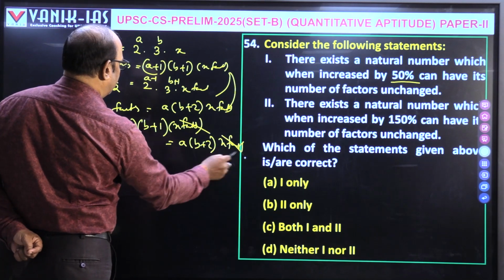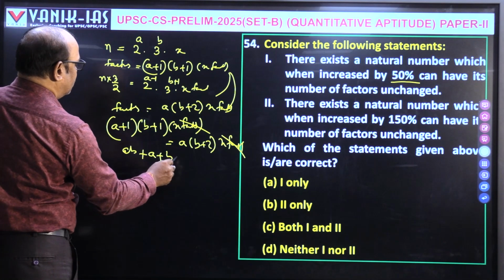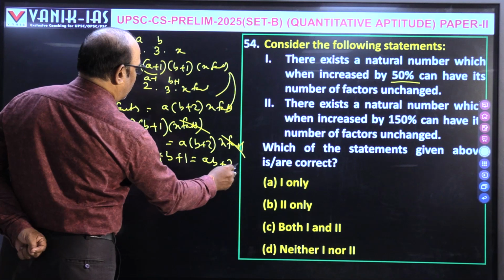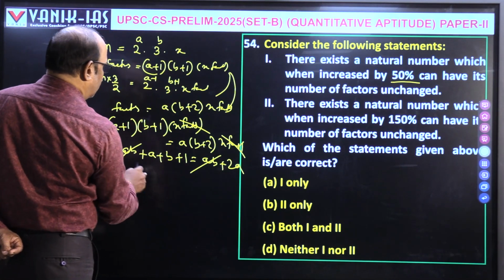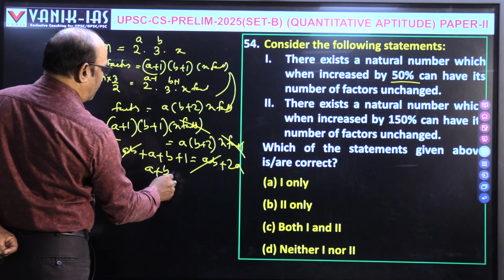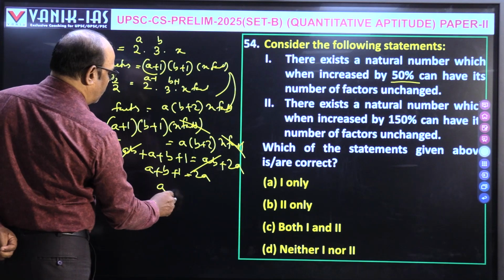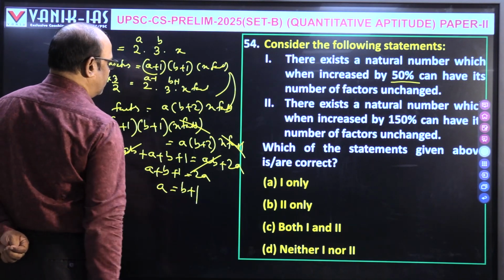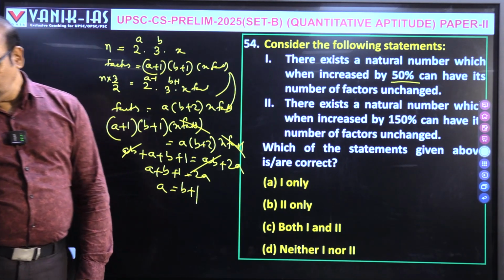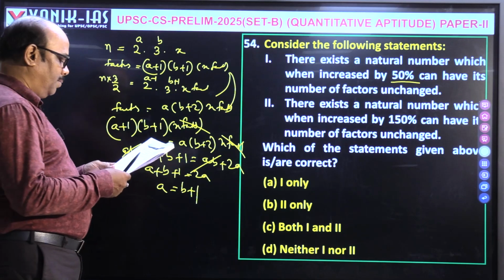So this is cancelled. So ab plus a plus b plus 1 should be equal to ab plus 2a. So after cancellation, a plus b plus 1 equal to 2a, or a equal to b plus 1. This is question number 54.